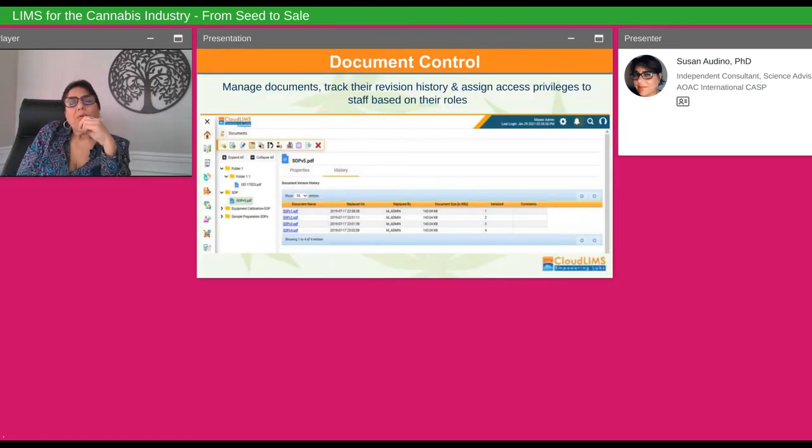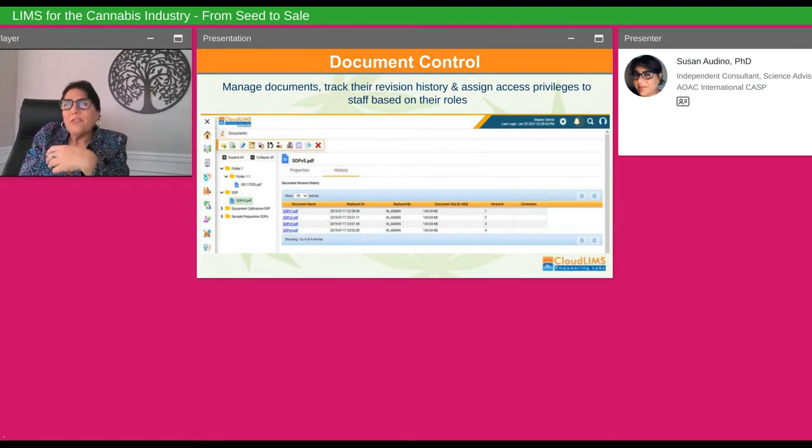Document control manages documents. We're tracking that revision history. We're assigning and accessing privileges to the staff based on their roles. Not every staff person needs to have access to every document that exists in the laboratory. If we have somebody who's just doing field sampling, and so his or her role is only to go out to the field and do that sampling, he or she doesn't necessarily need to know how to clean an ICP-MS.